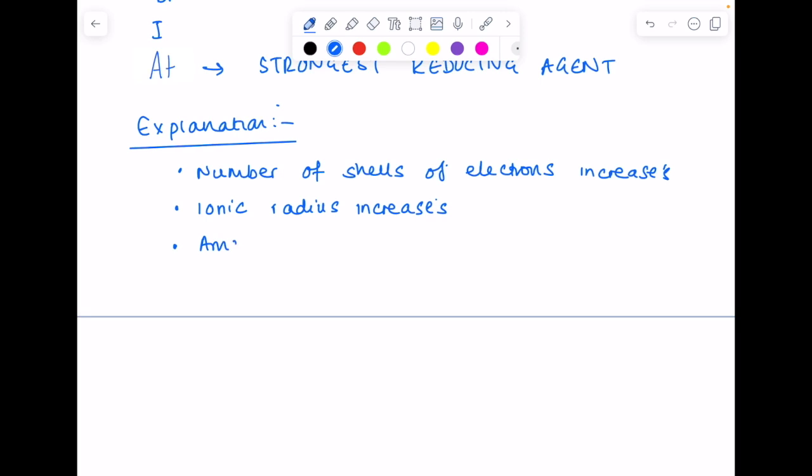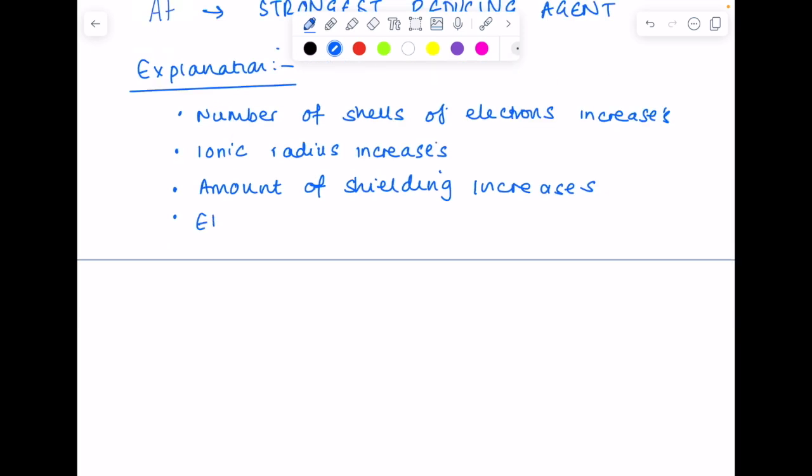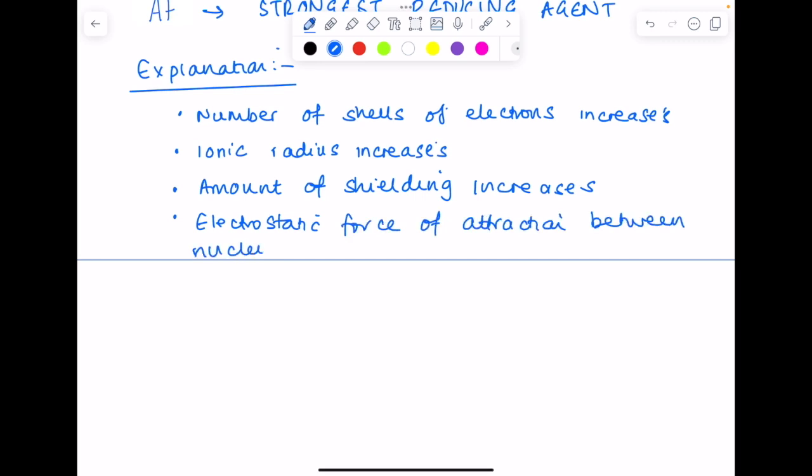The amount of shielding of those outer electrons, those valence electrons, increases. The electrostatic force of attraction between the nucleus and valence electron weakens.